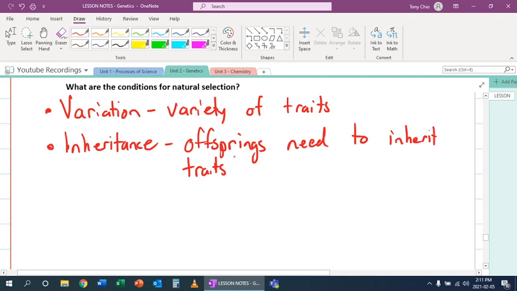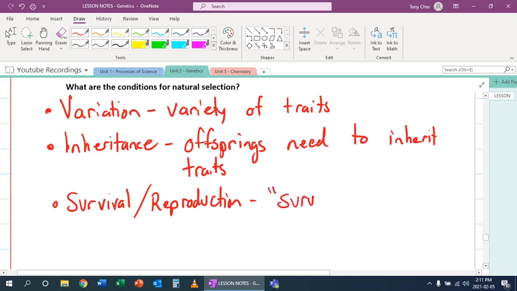There has to be survival and reproduction. The species has to be able to survive, but also reproduce. That is what you call survival of the fittest.